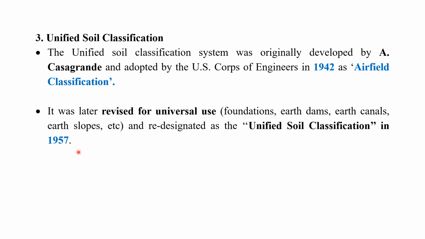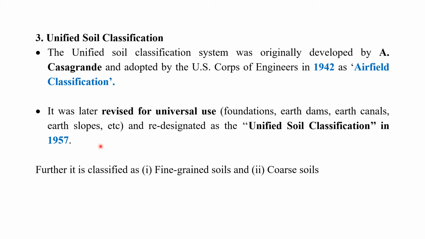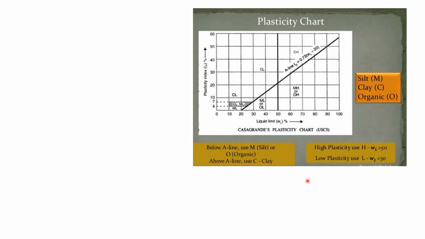The unified soil classification system has been further classified into two parts: fine grain soils and coarse grain soils. Now we shall see the fine grain soils.